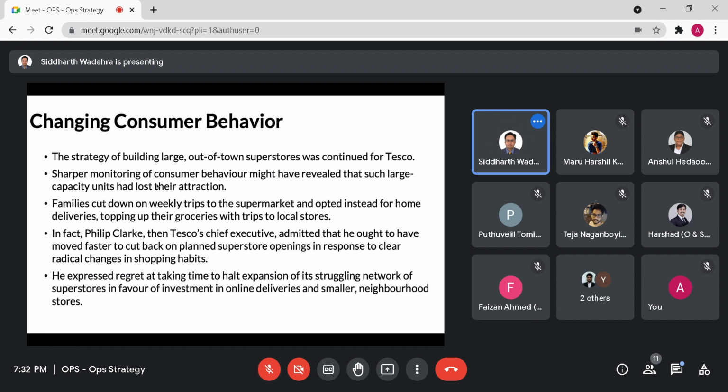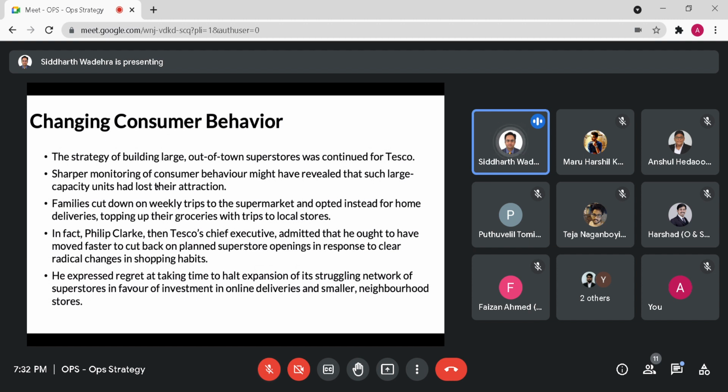to their homes. So Philip Clark, Tesco's chief executive, admitted that he should have moved faster to cut back on the superstore openings. Superstores are those typically large out-of-town stores, and he should have opened smaller stores, perhaps within the city, in response to the radical changes in shopping habits.